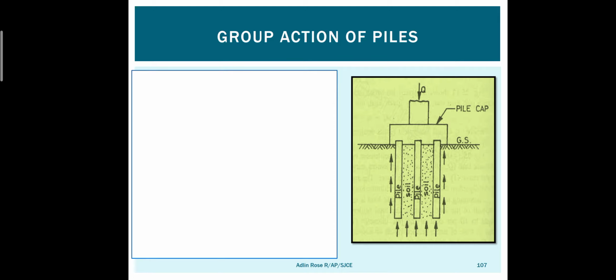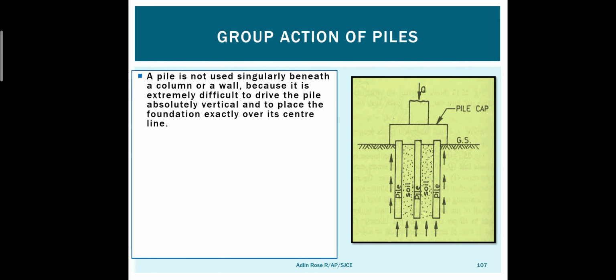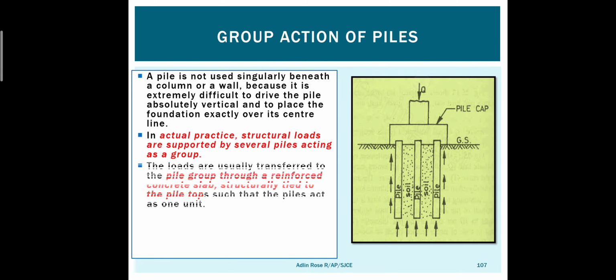So mostly the group pile capacity is not equal to Qu into N. Qu is the ultimate capacity of the single pile, and N is the total number of piles in a pile group. Okay, so for a pile group we should understand it will act as one unit actually. When the piles are connected with the pile cap, the entire system will act like one unit.